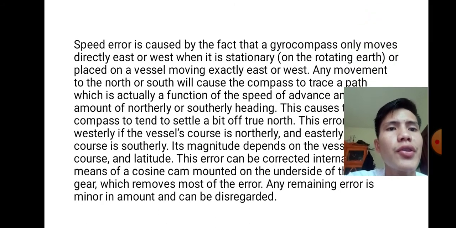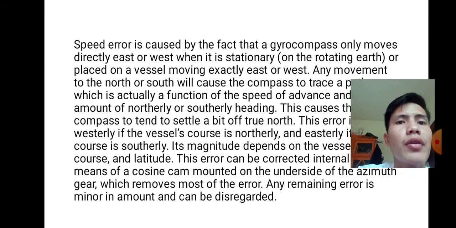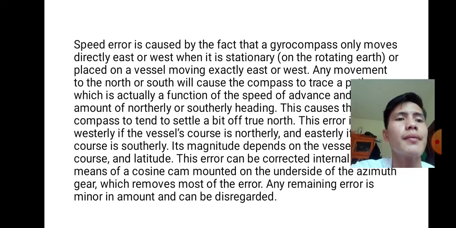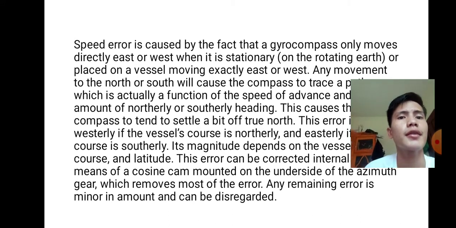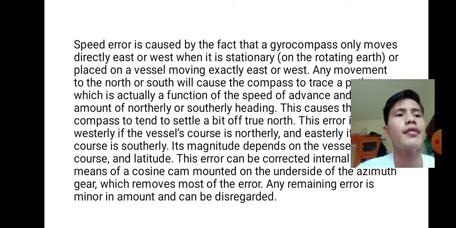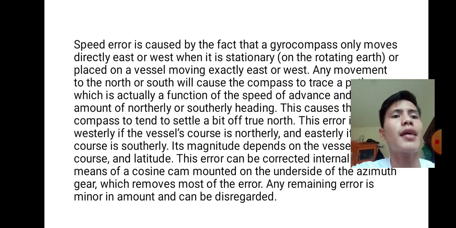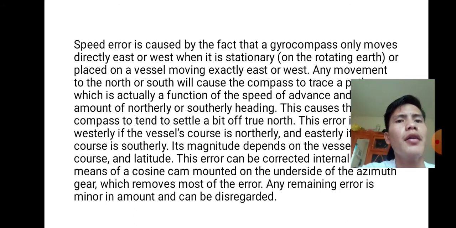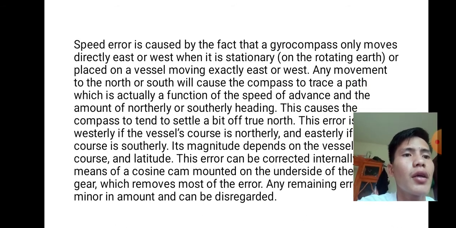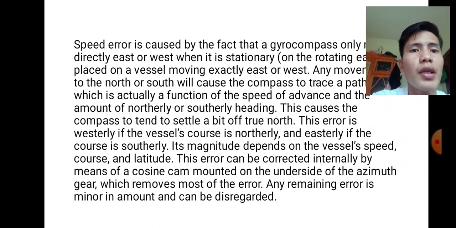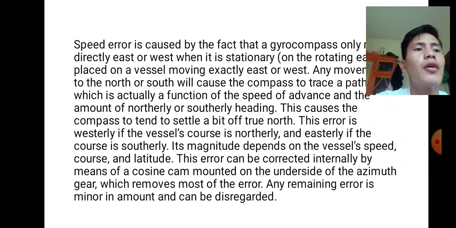Speed error is caused by the fact that a gyro compass only moves directly east or west when it is stationary on the rotating earth or placed on a vessel moving exactly east or west. Any movement to the north or south will cause the compass to trace a path which is a function of the speed of advance and the amount of northerly or southerly heading.